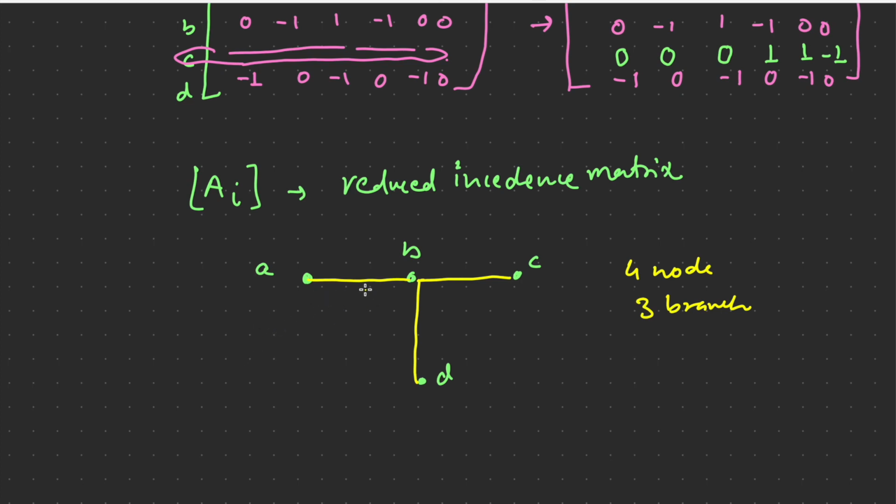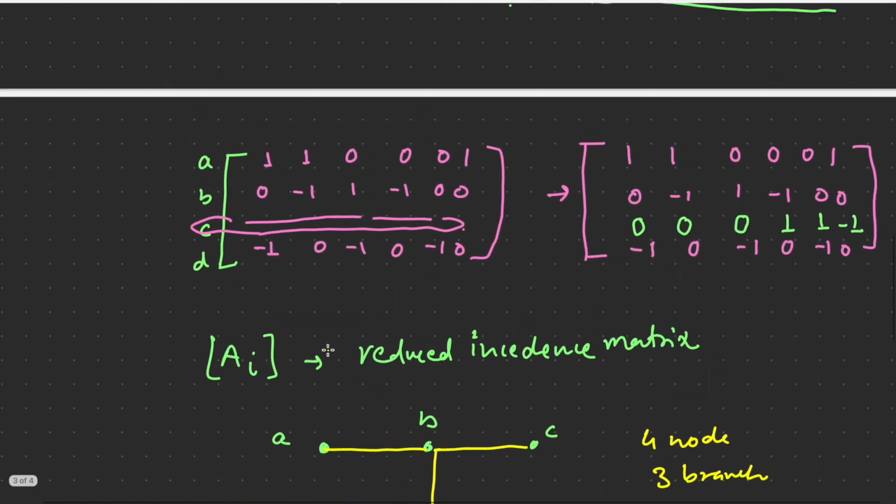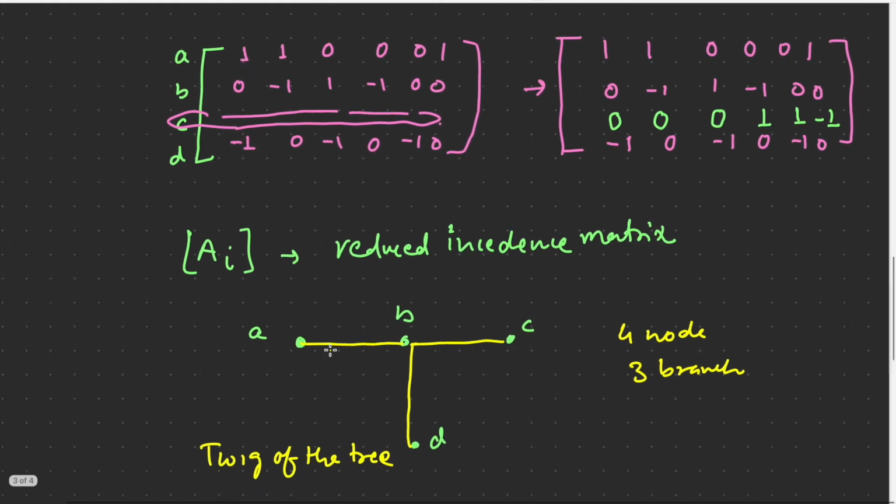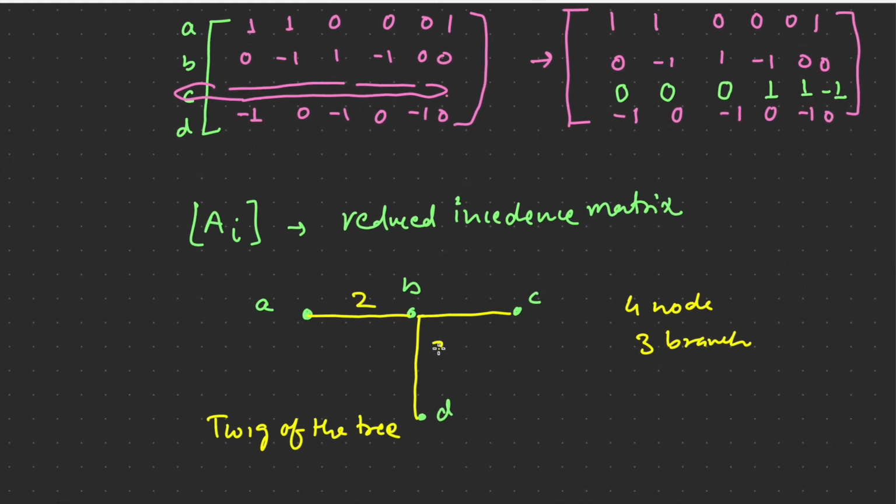The tree contains three branches. This branch is also called a twig of the tree. As we have seen, we have denoted the branches as 1, 2, 3 and 4. So we can say that 2, 3 and 4 are the twigs of the tree.